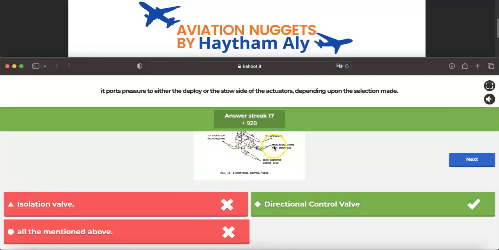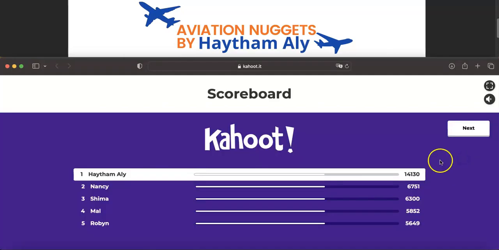As I mentioned, in the hydraulic control unit, a directional control valve ports pressure to either the deploy side or the stow side of the actuator, depending upon the selection made from the cockpit. The isolation valve only has the function to allow the hydraulic to go to the actuator or not. So the directional control valve can only operate when the isolation valve is open. Okay, everybody, let's proceed to the next question.